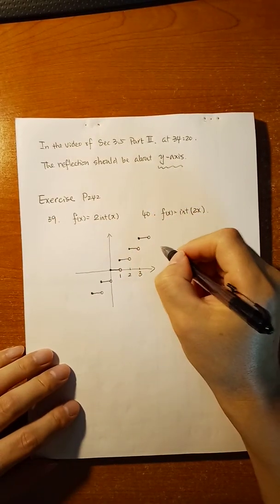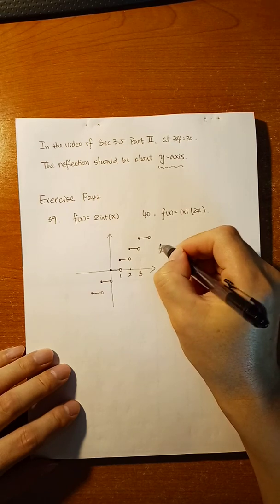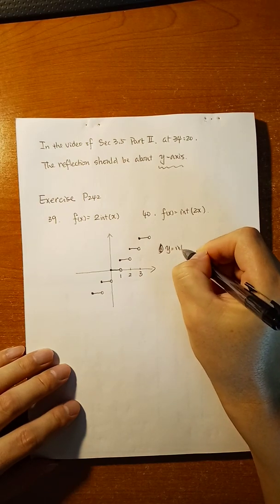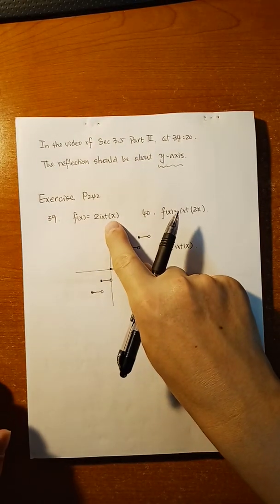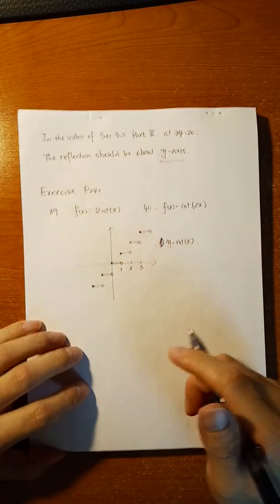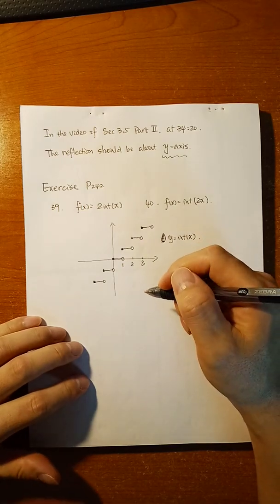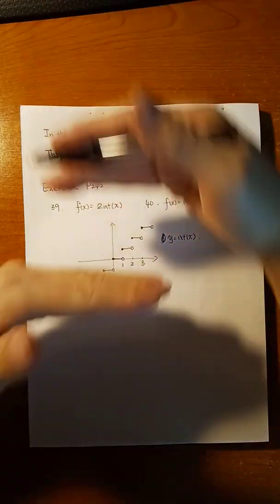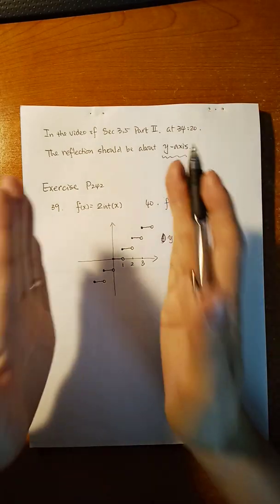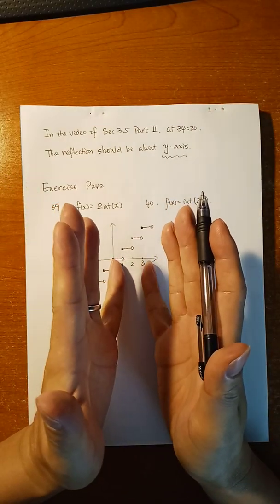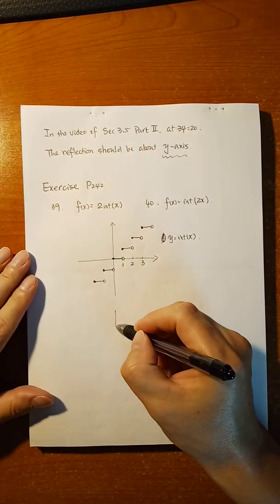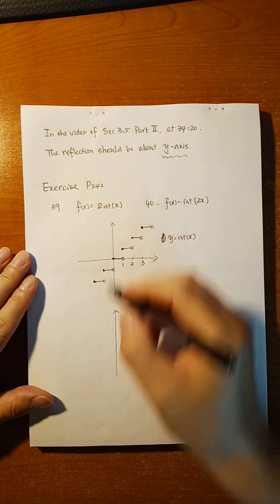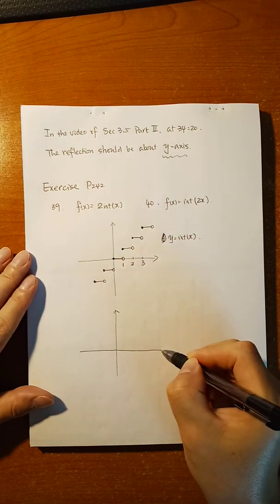This is f(x), y equal to integer of x. Now let's try to graph 2 times integer x. 2 integer x is not that bad. You just stretch it along the y direction. You don't change anything about x. You still do everything in the parallel way. So you just draw it in the same pattern.